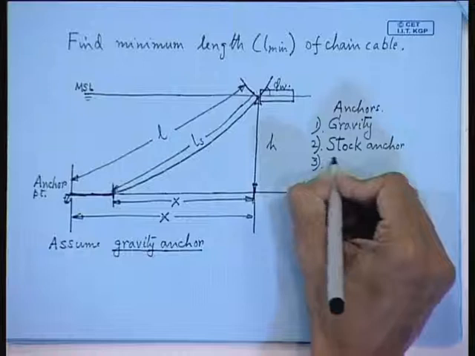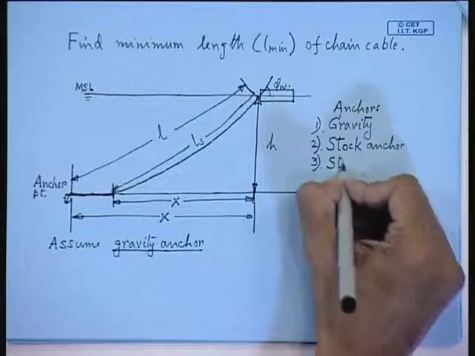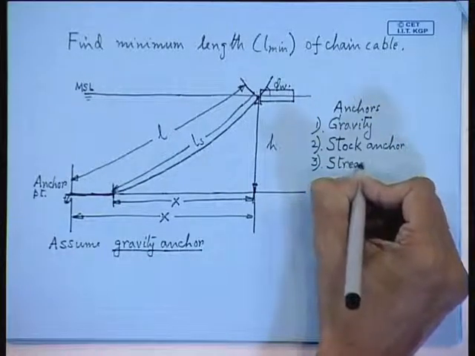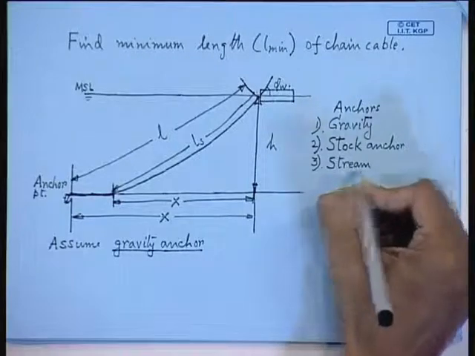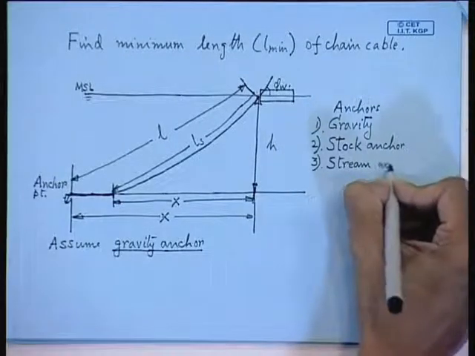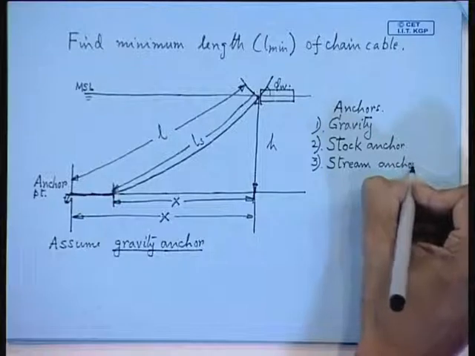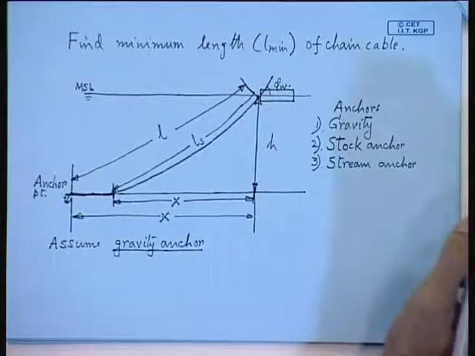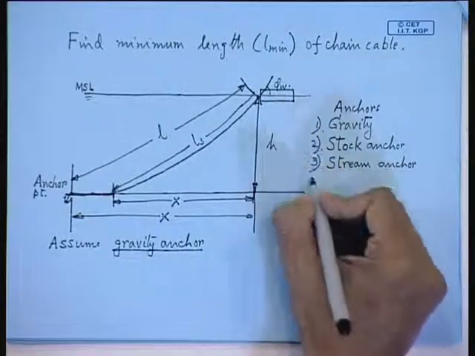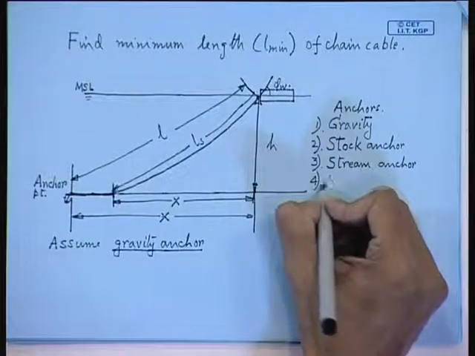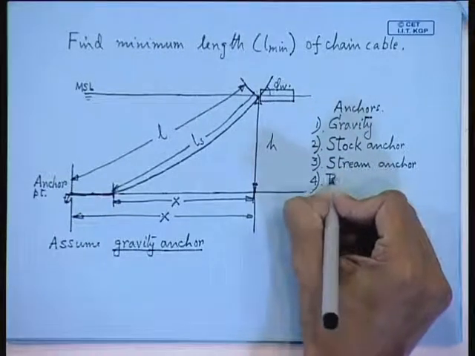These are the smaller varieties of anchor. This is only to be employed in rivers. So these are called stream anchors. The last one, you will find, is called piled anchors.